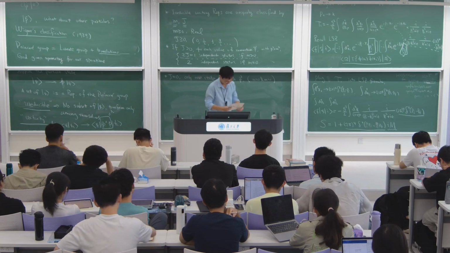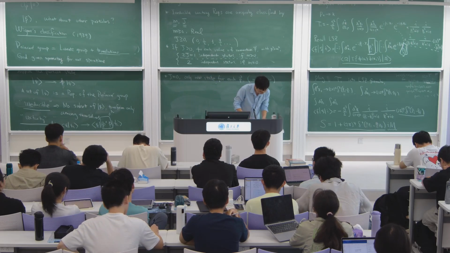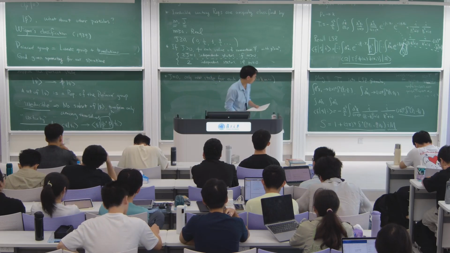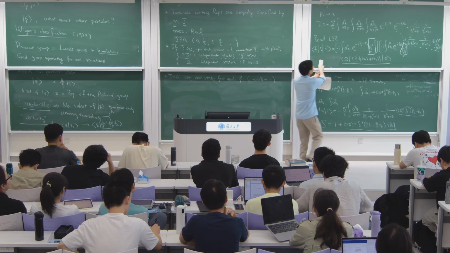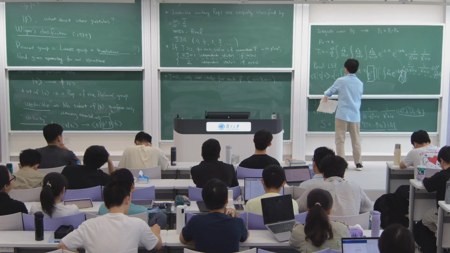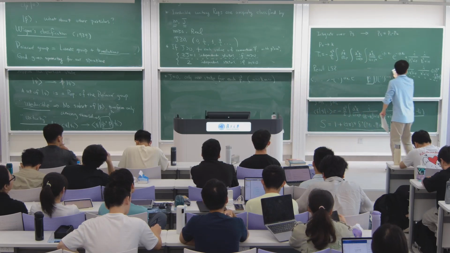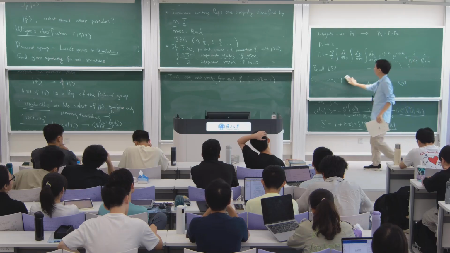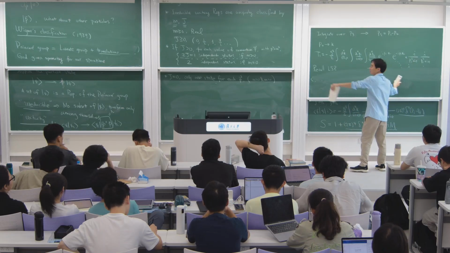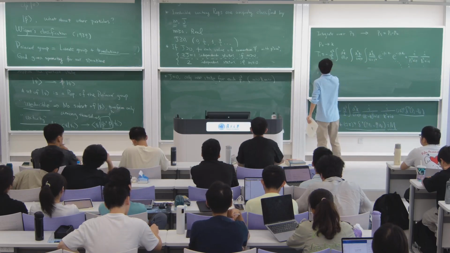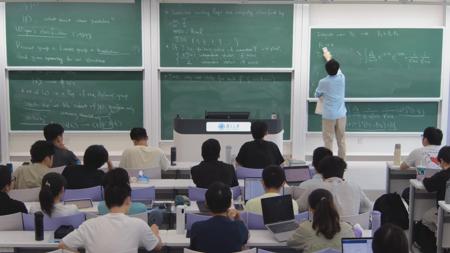So let's quickly justify a little bit what I just said. How to embed these particles into a field? How do we know which kind of field theory can incorporate Wigner's classification?